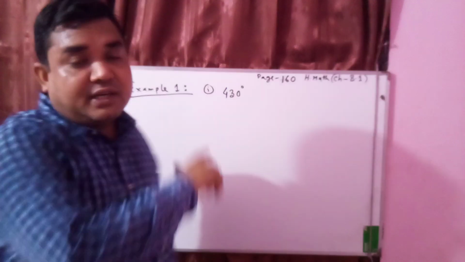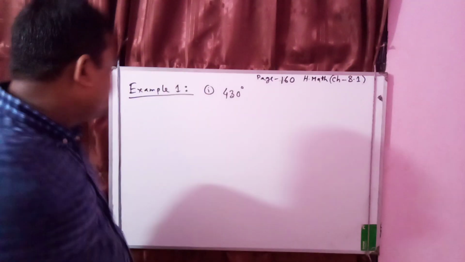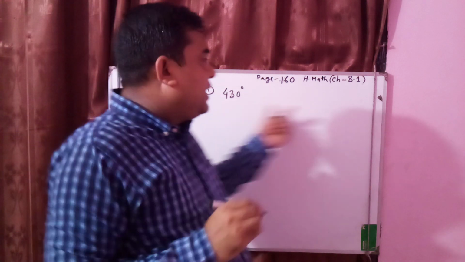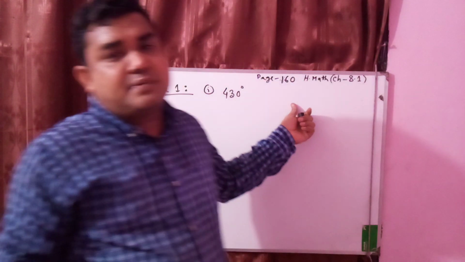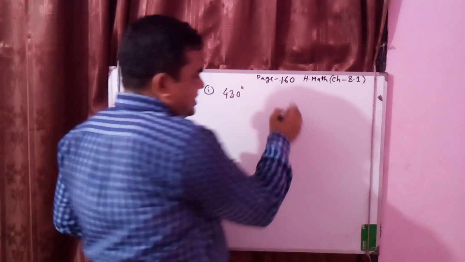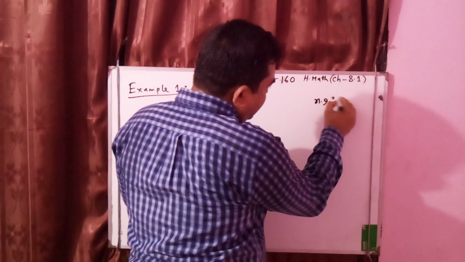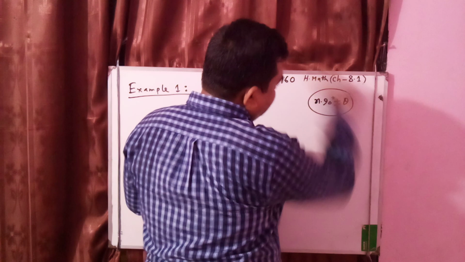So we calculate for this angle which quadrant. First we convert the given angle into n times 90 degree plus or minus theta.